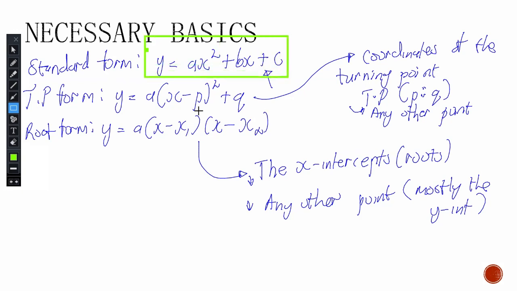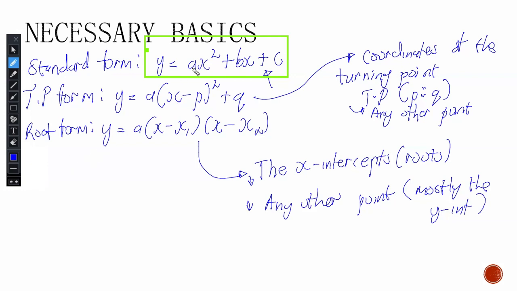Sometimes they do say that you must leave your answer in turning point form, but in most cases, they need it in standard form. So these are the formulas that you'll be using in order to determine the equation of the parabola function.